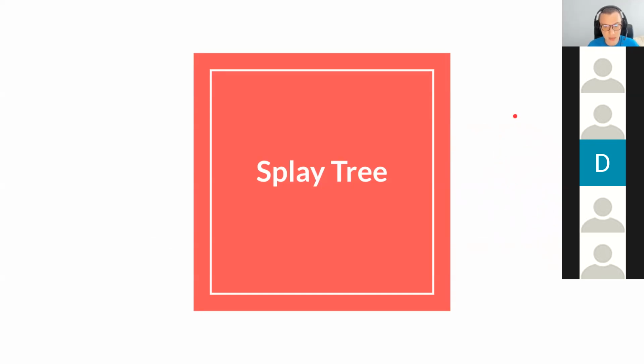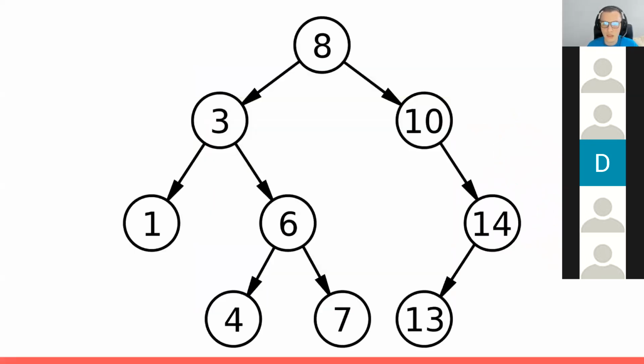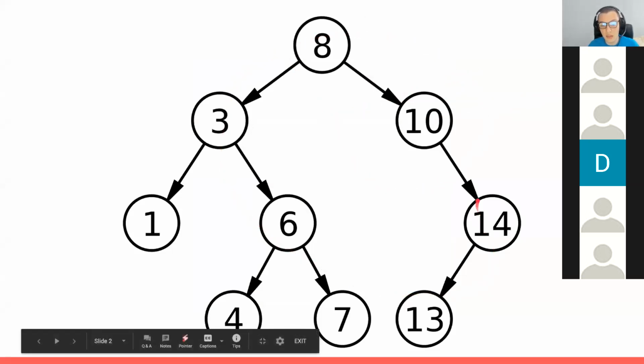So splay tree. Splay tree is a little bit similar to the treap. The same as the treap, it's a binary search tree, so that we have some tree.